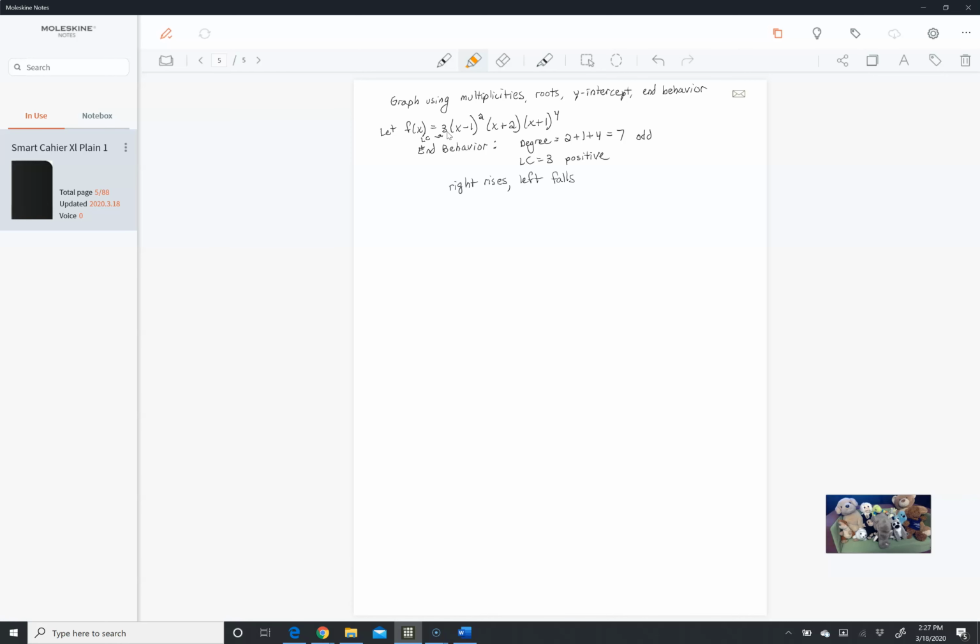Okay, and this is the first thing that we're going to use to help us figure out what is going on in this graph. The next thing that we're going to look at is the roots and multiplicities.